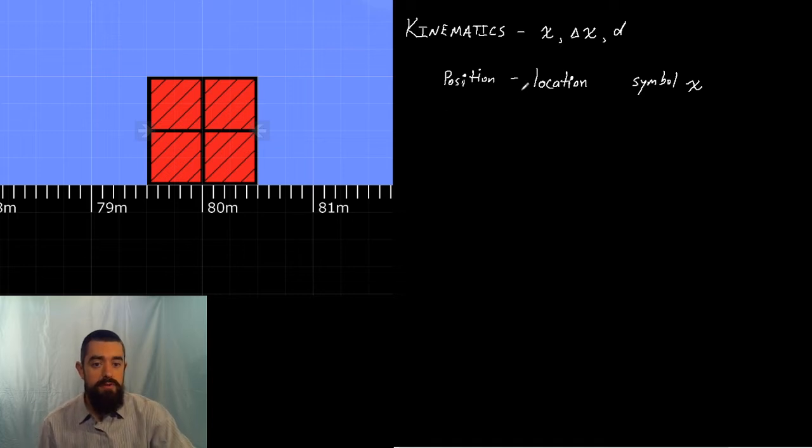So the symbol for position is X. Position, it does matter what the direction is. We define a point where the position is 0. So where is X equal to 0?